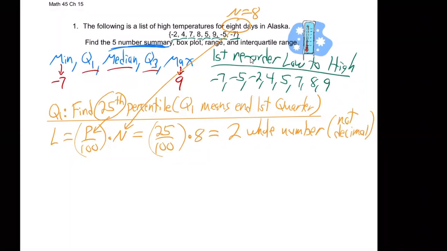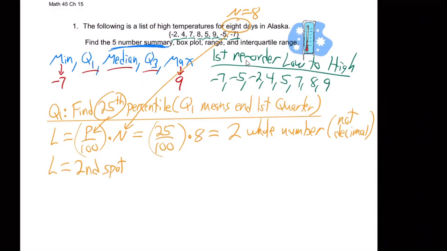Well, what do we do when we get a whole number? You add the number in the second spot with the number next to it. Good job. Exactly. Remember, L is a locator, so this means second spot. The answer is not 2.